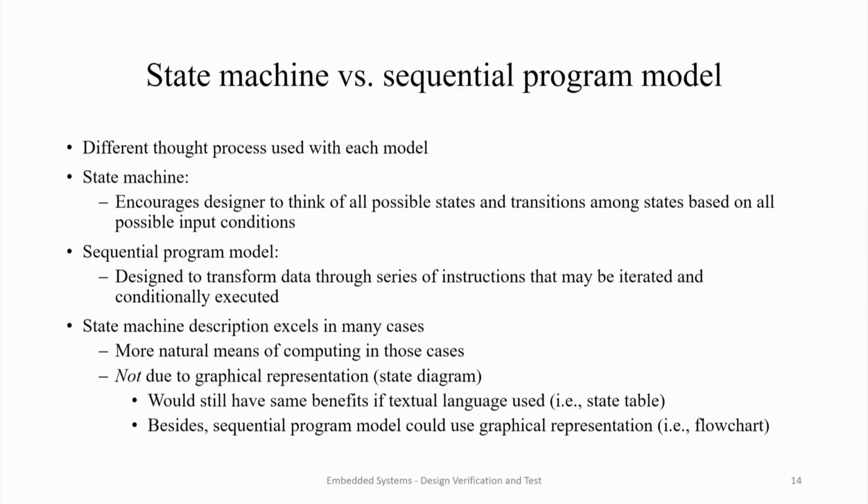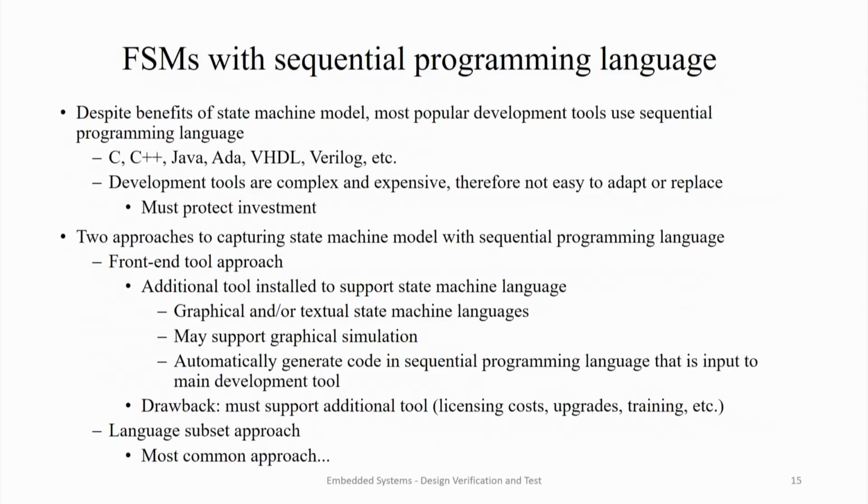So, it does not matter whether you are representing it textually or graphically, but for certain types of embedded systems, state machines are a very natural way of expressing the behavior of such systems, and therefore, in those systems state machines will be more beneficial than the sequential program model.